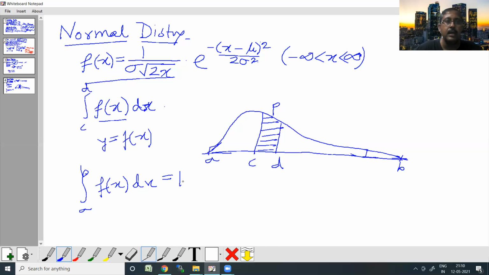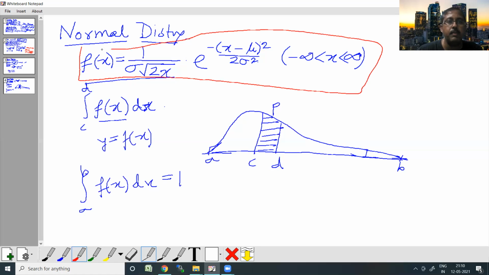Now let's look at the normal distribution, which is a very, very important distribution in statistics, and is represented by this formula. The formula is f(x) equals 1 by sigma root over 2 pi, where sigma is the standard deviation of the distribution and x is the random variable.